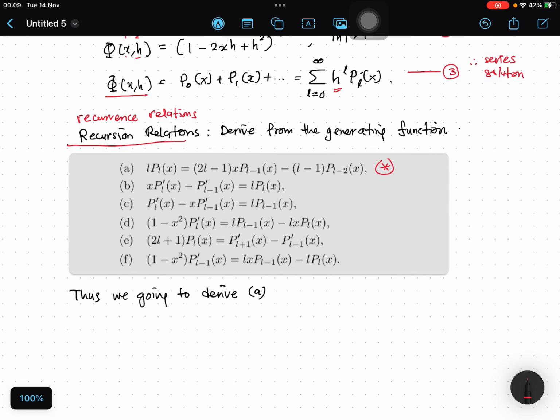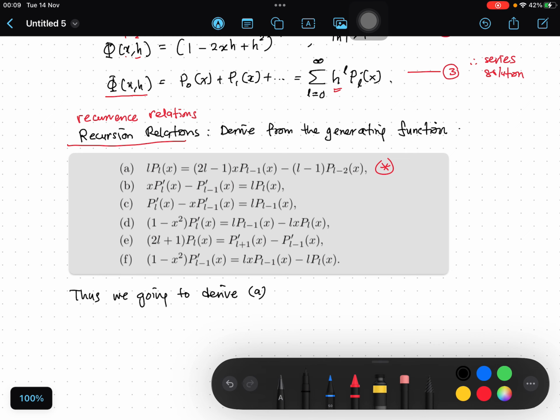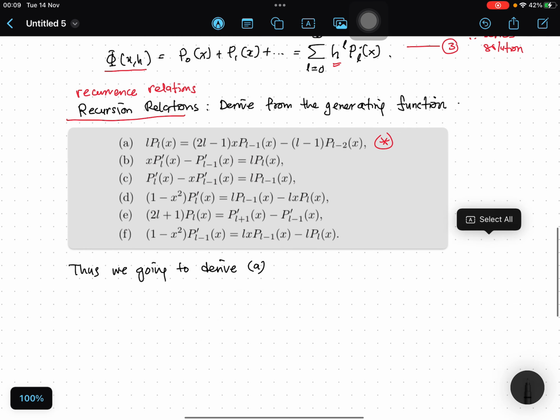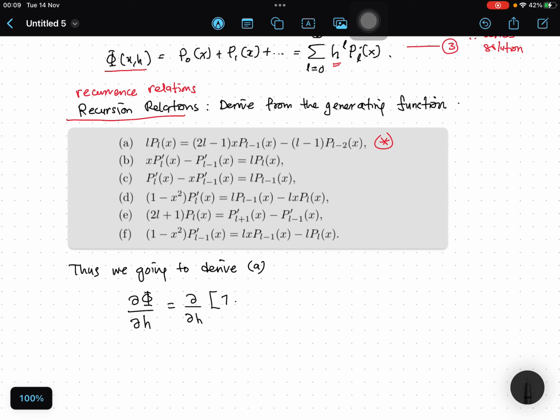We're going to use this first relation: we're going to take the partial of uppercase phi with respect to h. So this is just looking at h, then you're going to use 1 minus 2xh plus h squared to the power of minus half. Okay, and your h is always less than 1.